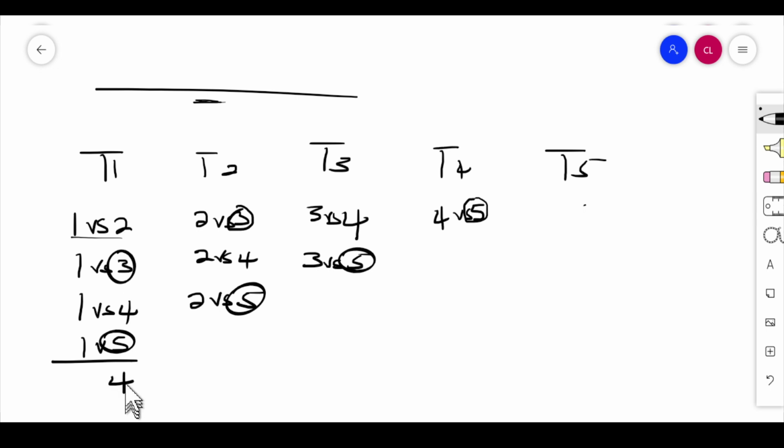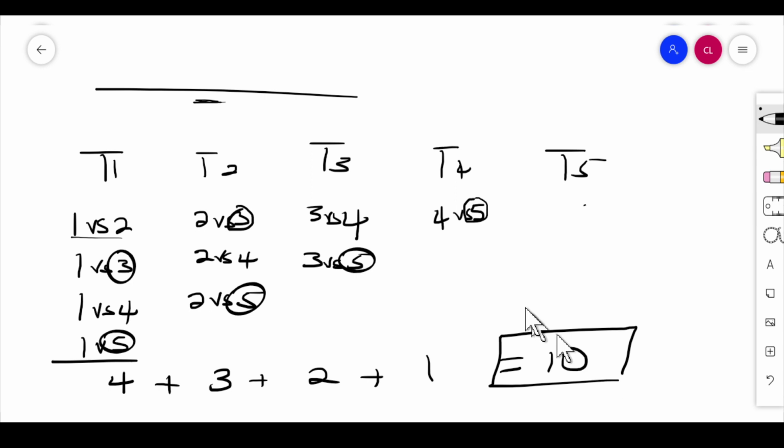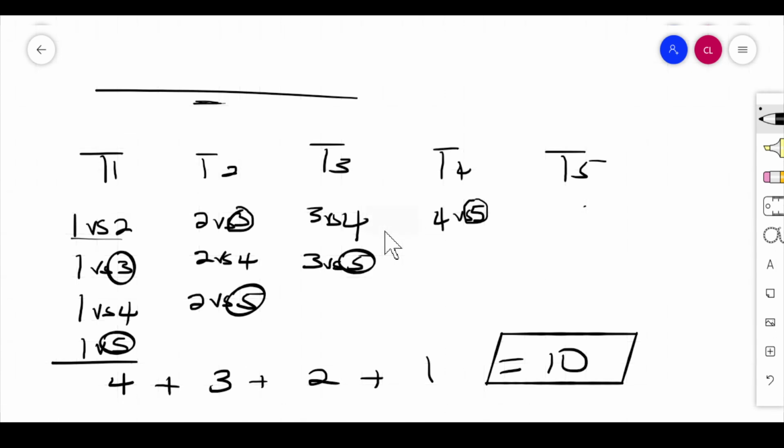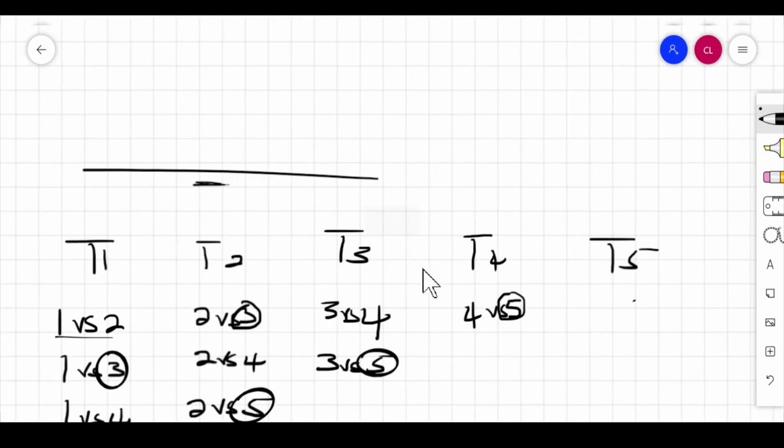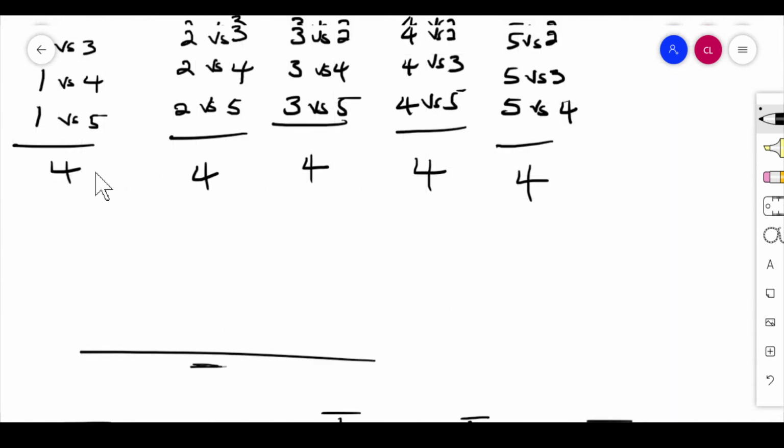So 4 is shown there. 1, 2, 3. 3 would be shown here. 1, 2. 2 would be shown here. And this would be 1. Now, if we add these, 4 and 3, 7. 7 and 2, 9. 9 and 1, 10. So there are 10 games that would be played in the total competition. Each team would be asked to play a total of 4 games.